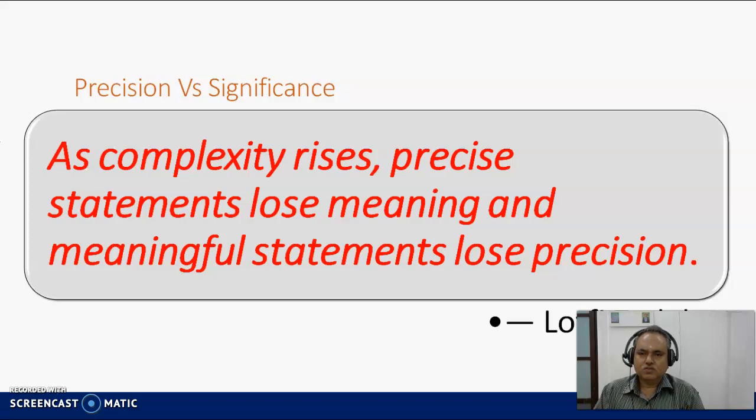I would like to quote a statement given by Zadeh that helps us understand precision and significance. Zadeh says, as complexity rises, precise statements lose meaning, and meaningful statements lose precision.